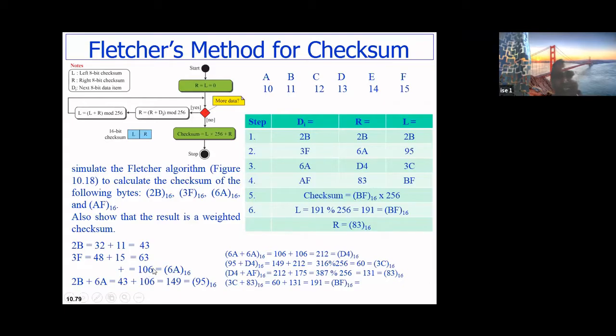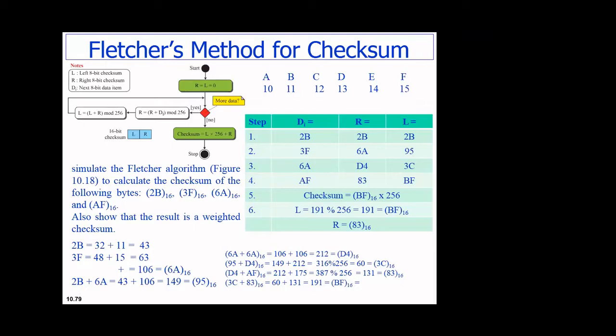When I convert 106 into base 16, how much is this? Base 16 means how many times 16 will go into it. 106 divided by 16, how many times will it go? 6 times, which is 96.